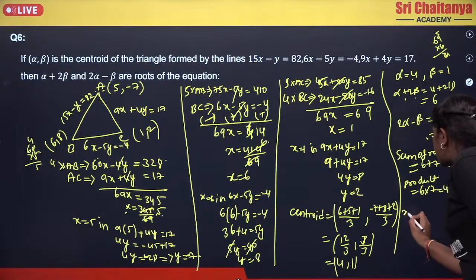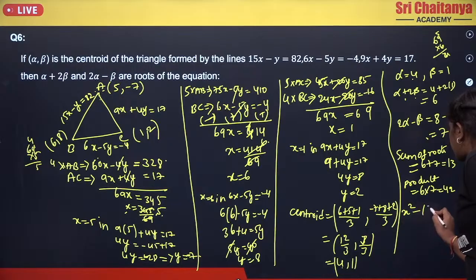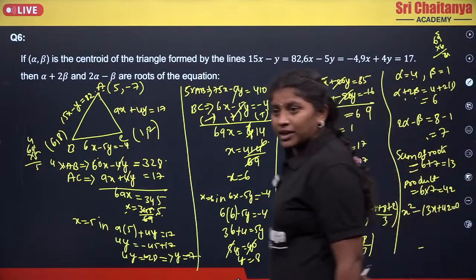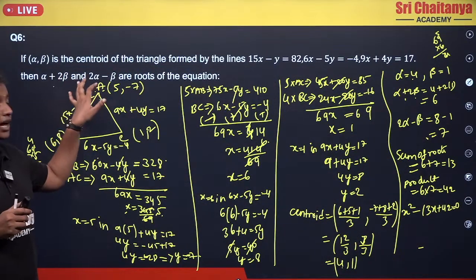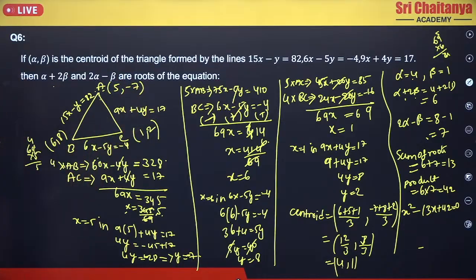Now the equation will become x square minus 13x plus 42 equals 0. Understood? So this is the quadratic equation which has the roots alpha plus 2 beta and 2 alpha minus beta.